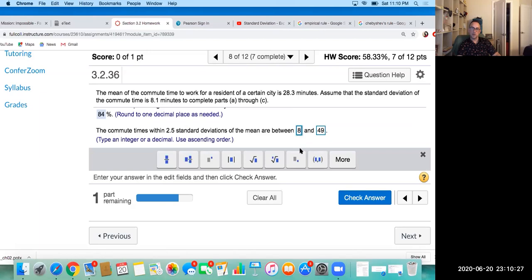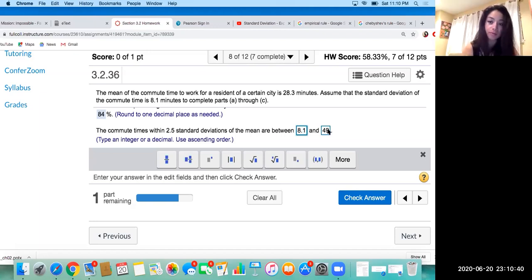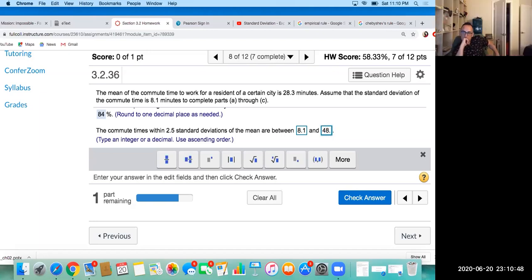This is the annoying thing, because I don't like when questions are unclear on what you're supposed to do, but whatever. 8.1, one decimal. So 48.6. That sounds good.